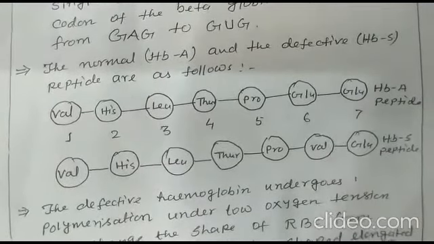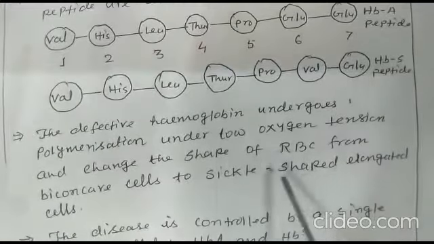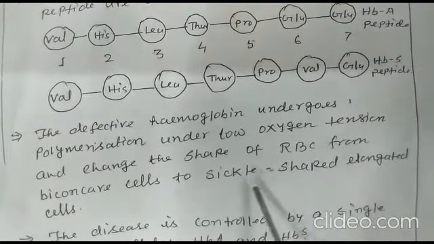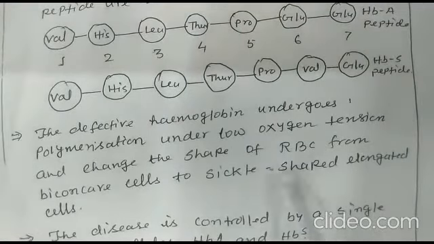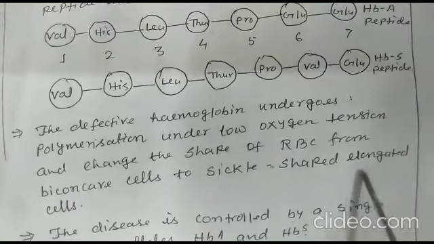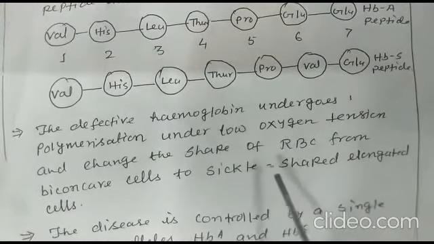How? Let us see. The defective hemoglobin undergoes polymerization under low oxygen tension and changes the shape of RBC from biconcave cell to sickle shaped elongated cells.